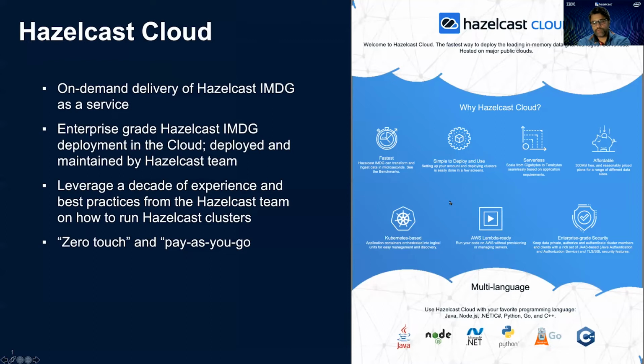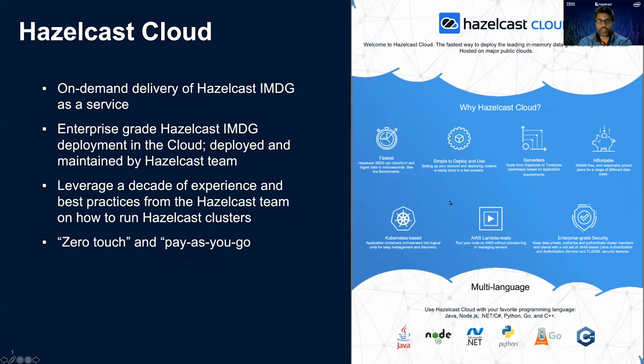Another way of using Hazelcast is called Hazelcast Cloud, which is a managed service offering, where you don't have to bother about first creating any instances or arranging the infrastructure or hardware for your cluster, and then acquiring the licenses for running Hazelcast. You just go to cloud.hazelcast.com, and you can define how much caching storage you need, what kind of performance you're after, how much throughput you are after, and so on.